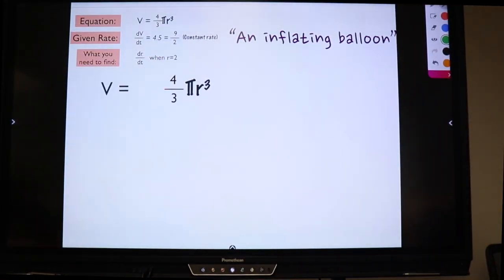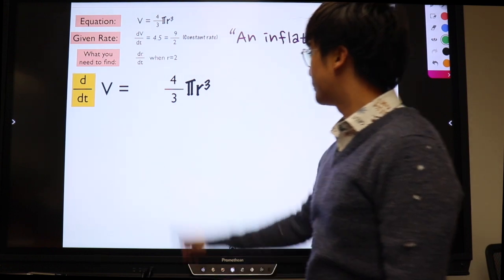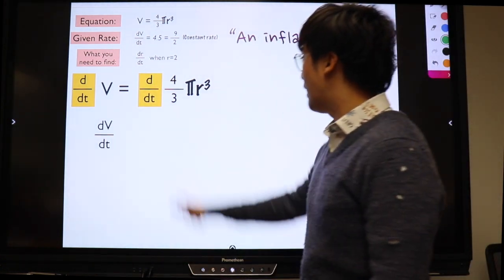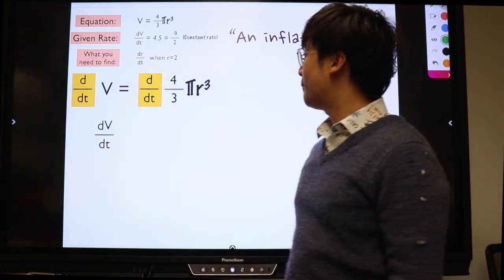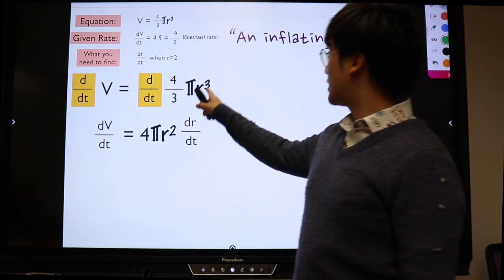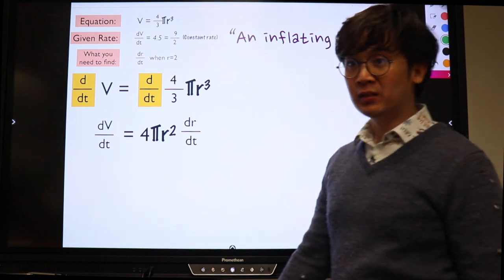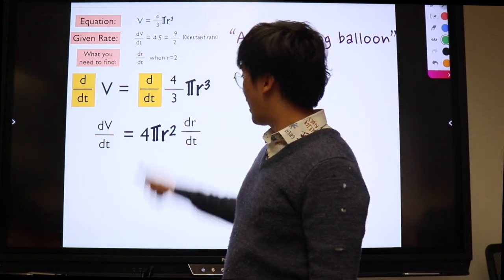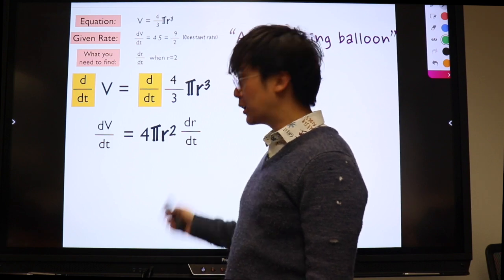Take the derivative of the function with respect to time for both functions. So now we have dv over dt. The constant is 4 over 3 pi. So we'll have the derivative of this function, which is r cubed, or 3r squared. We canceled out the 3, and we have 4 pi r squared dr dt.